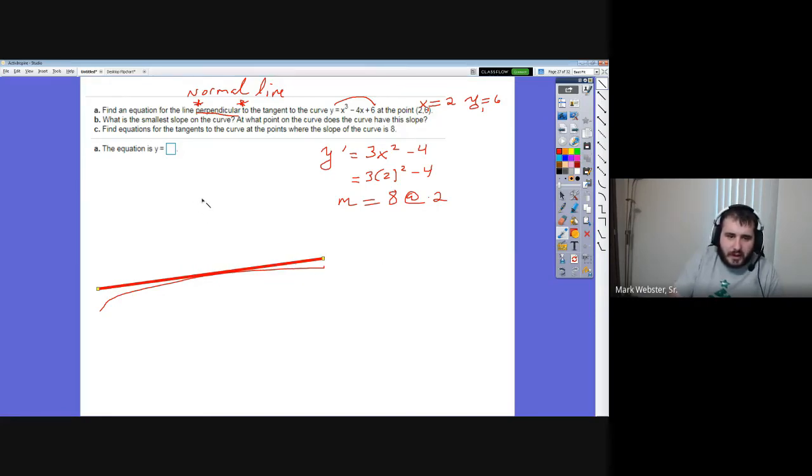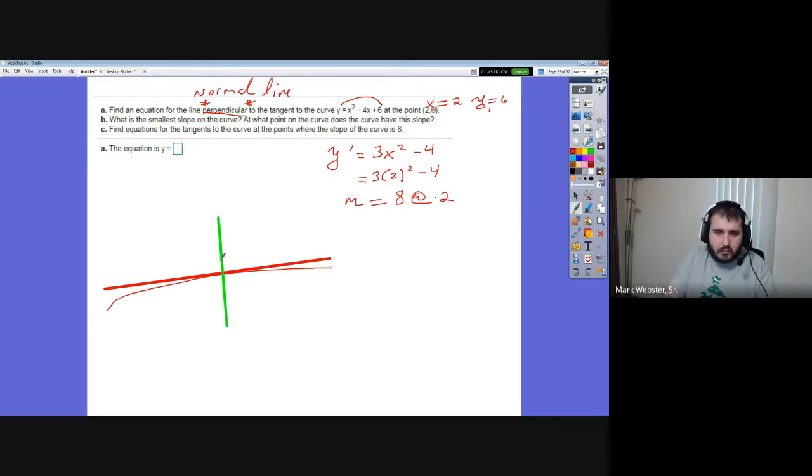The normal line is the one that goes through. Let me use a different color so that it stands out better. The normal line is at a right angle to that tangent line. So what we're trying to find is the green one. What we've got is this one.